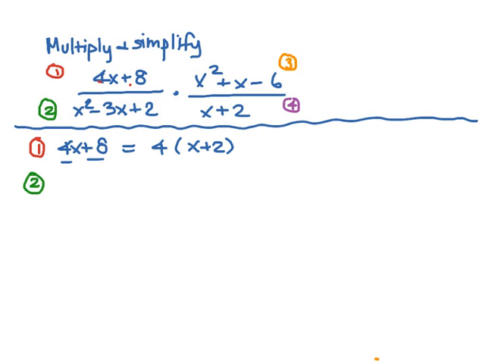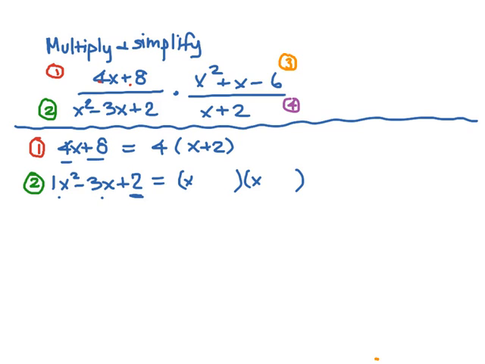Now if I look at the second one, I have x squared minus 3x plus 2. Now this has a leading coefficient of 1. So what should we think of? It's a quadratic. It's an x squared plus bx plus c. So we should think double bubble, right? So I can immediately go to the double bubble. And my variable is x.